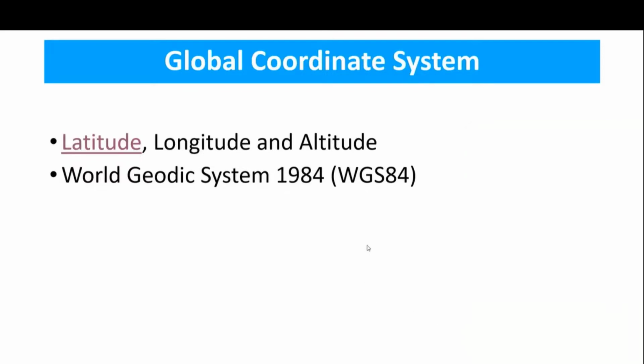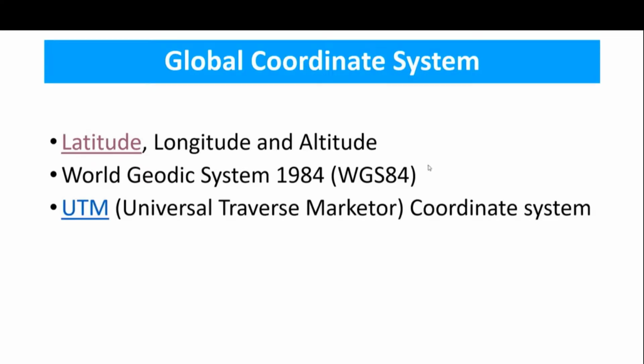Then we have WGS 84, that is World Geodetic System, which survey was done in 1984 and thereafter it has been updated a number of times, and based on this survey another coordinate system, UTM, that is Universal Transverse Mercator system of coordinates, has been developed.